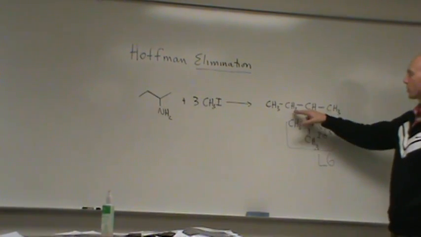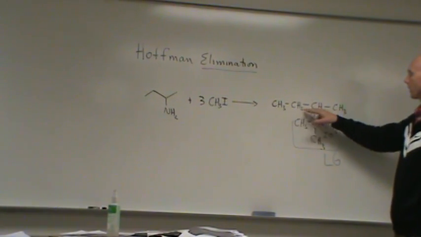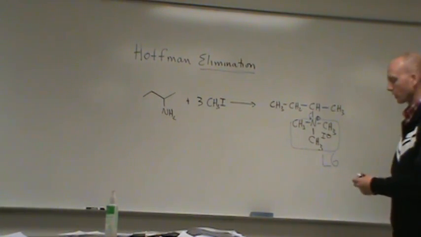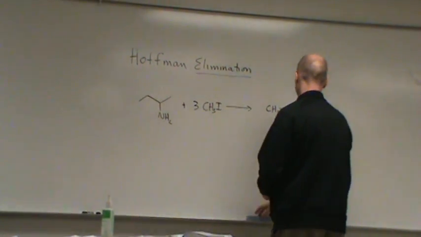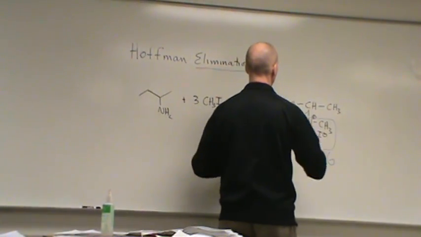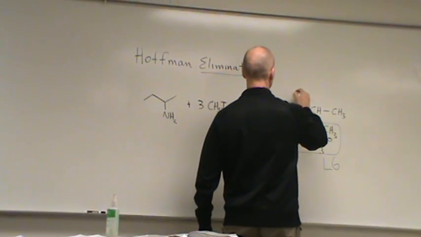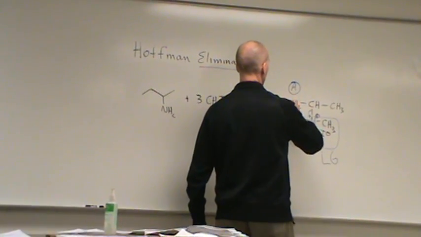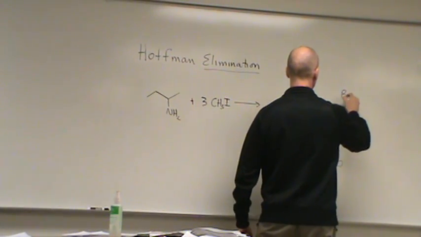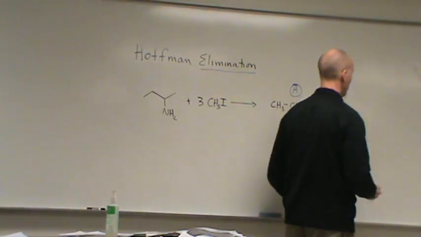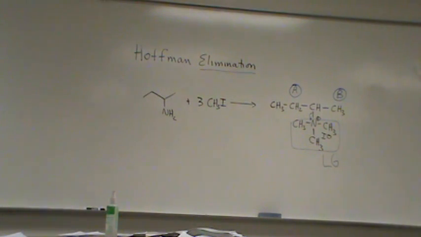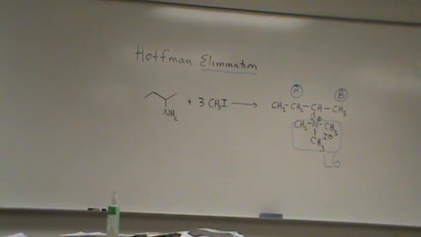So we have 2 sets of beta hydrogens. We have beta hydrogens here, that we'll call A, and beta hydrogens here, that we'll call B.